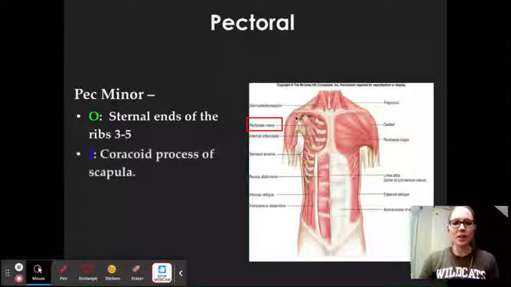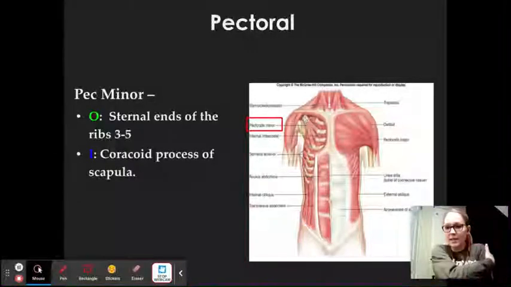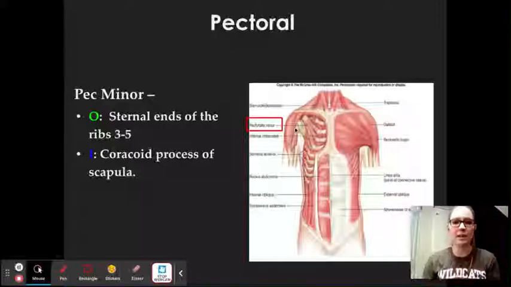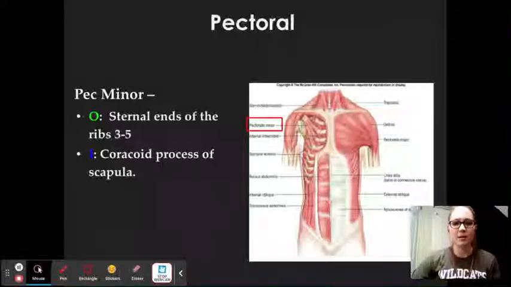It inserts on the coracoid process of the scapula. So that's what that's showing you here. So remember, the scapula is on our backside, but there are some different processes that come more towards the front. And so that's what we're seeing here is that coracoid process of the scapula where it inserts.